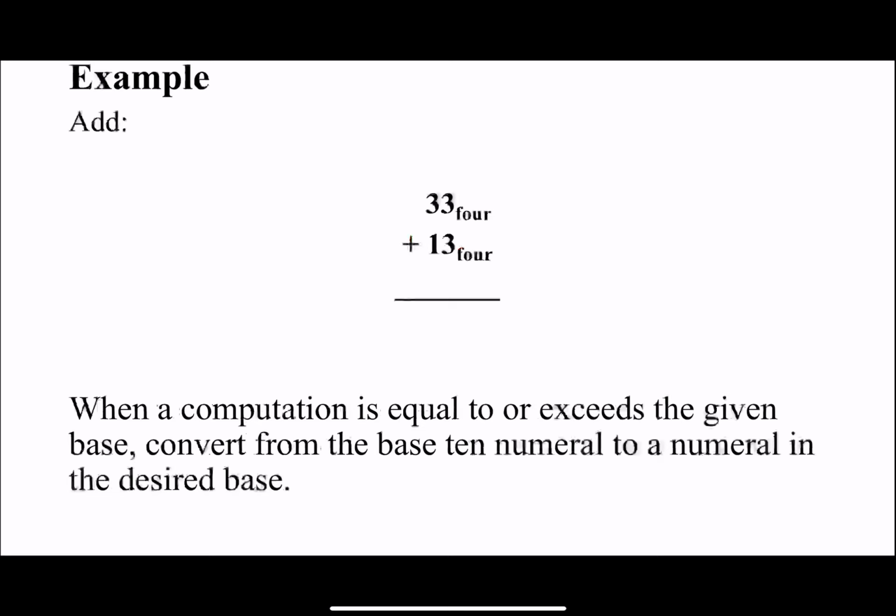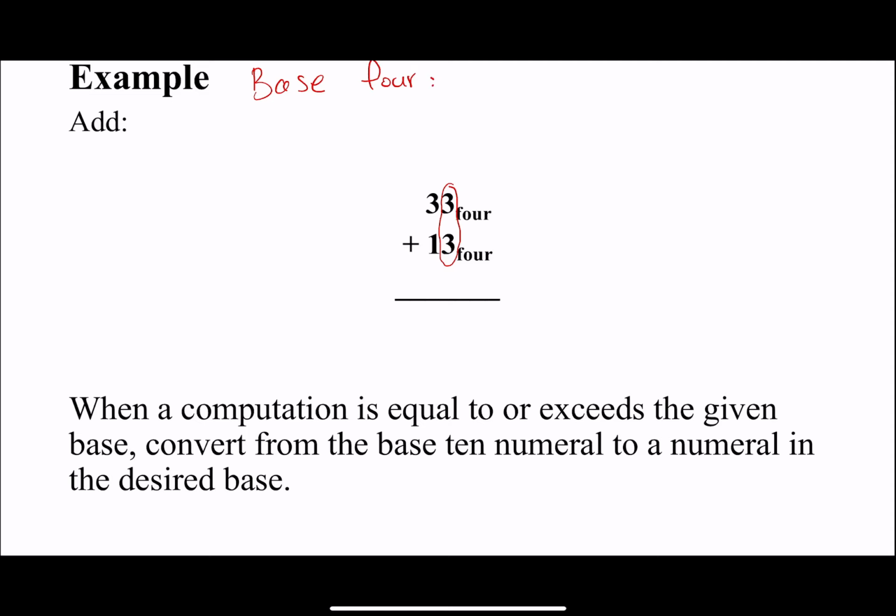For example, here we want to add 33 base 4 to 13 base 4. First of all, I add 3 and 3, just like what we do in base 10. We're working in base 4, so what digits are allowed?